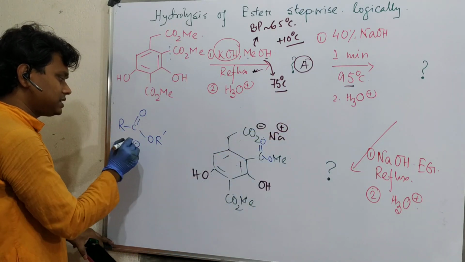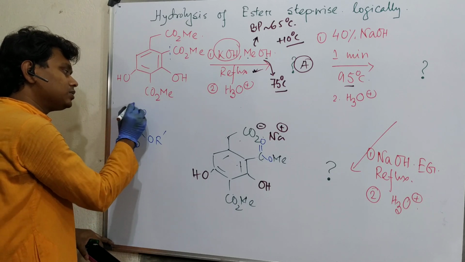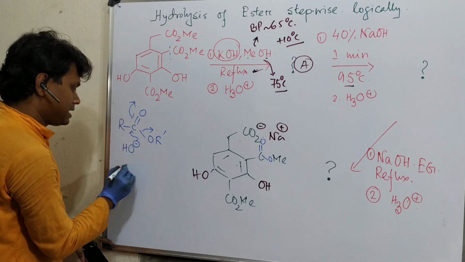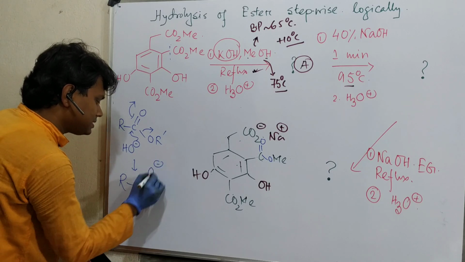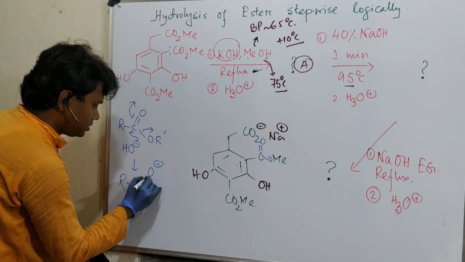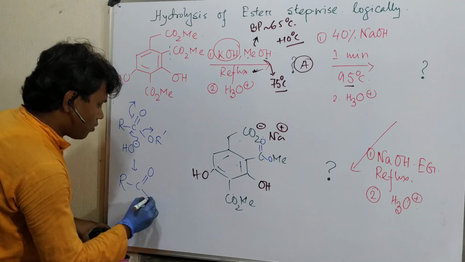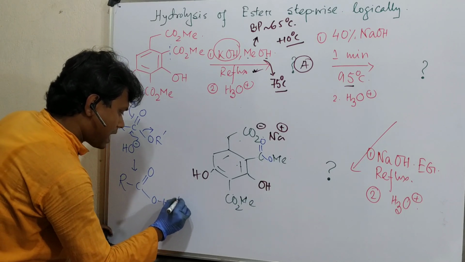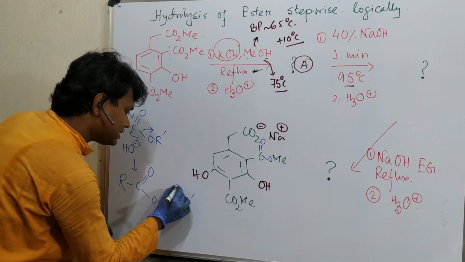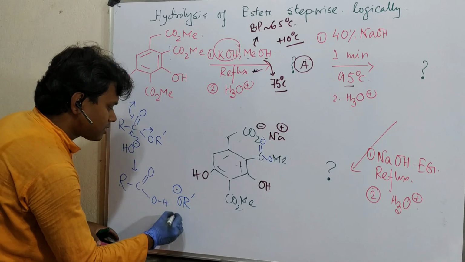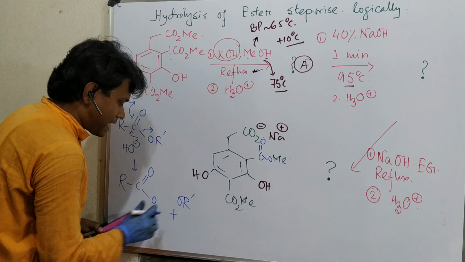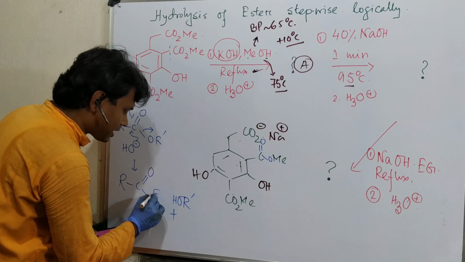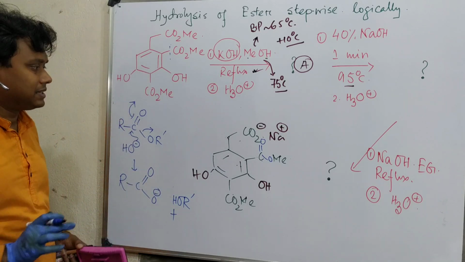It will attack the carbonyl group and open it up, resulting in RCO minus, OH and OR prime, an alkoxide. Instantly it will abstract the proton from the carboxylic acid and produce R'OH and carboxylate. This is the overall mechanism.